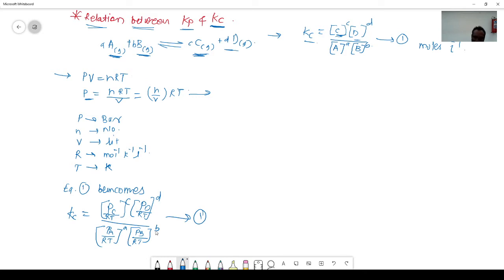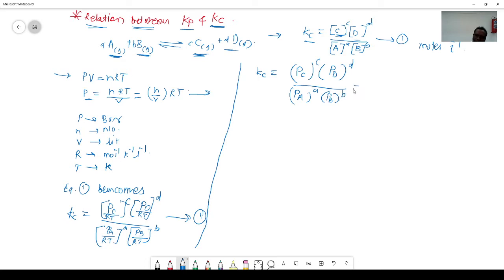Therefore the next equation comes: Kc is equal to Pc divided by 1 bar raised to c, Pd divided by 1 bar raised to d, and Pa divided by 1 bar raised to a, and Pb divided by 1 bar raised to b. This comes out to be what it comes out to be.